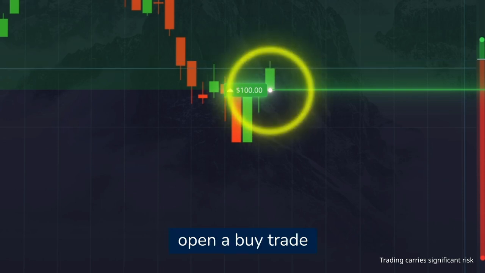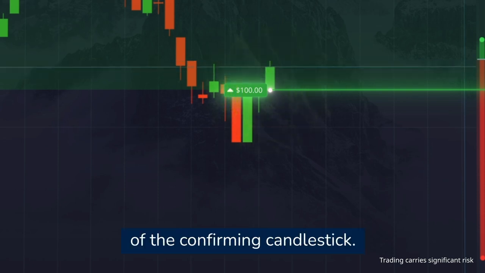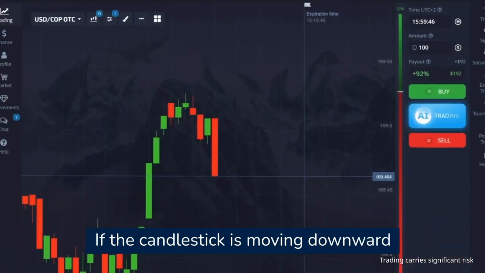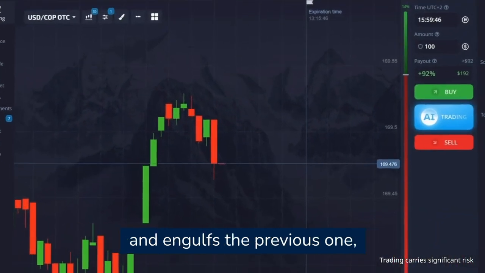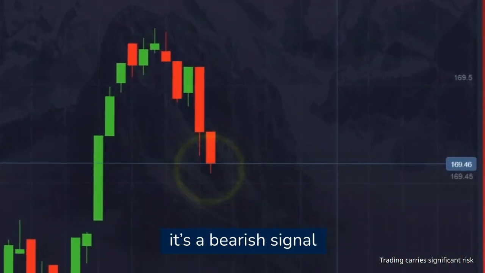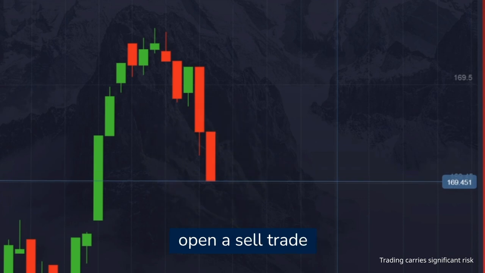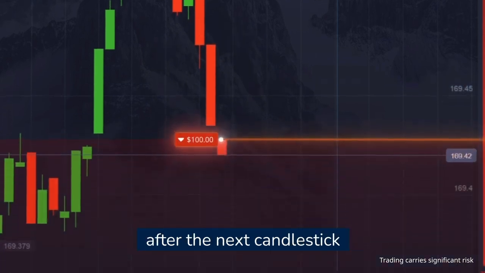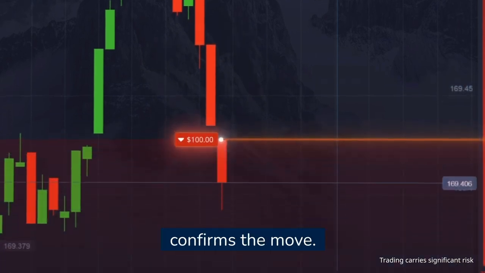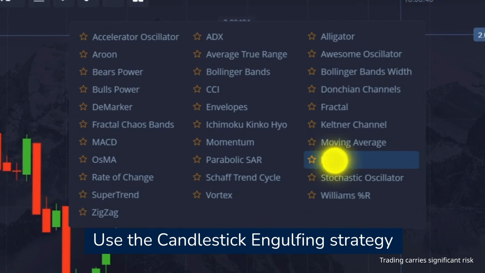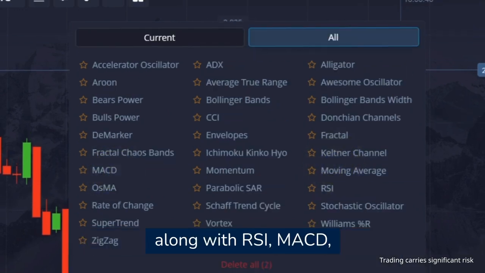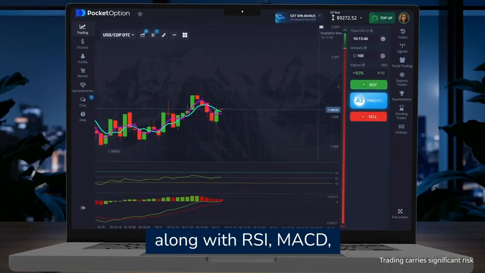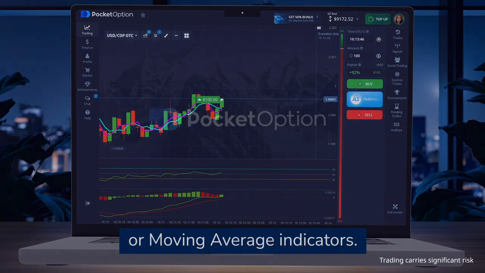Open a buy trade after the closing of the confirming candlestick. If the candlestick is moving downward and engulfs the previous one, it's a bearish signal. Open a sell trade after the next candlestick confirms the move. Use the candlestick engulfing strategy along with RSI, MACD, or moving average indicators.